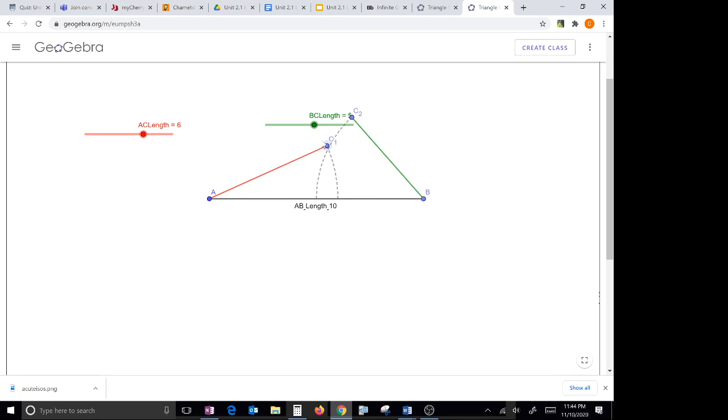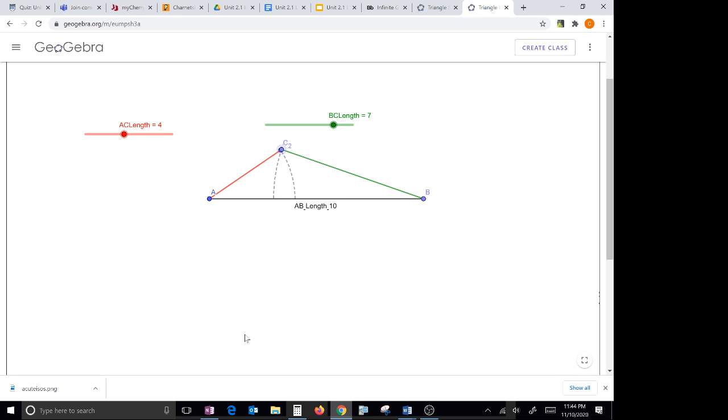Or I could have made the green one longer. Now it's got 5 and 4. Well, 6 is still not going to make it. You can see how it's just going to intersect here. If they're the same length together as the third length, they're not going to work. But if I can make the two of them longer, we can see that, yes, in fact, we can make a triangle.